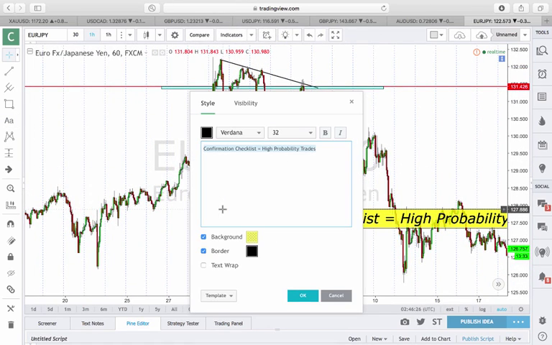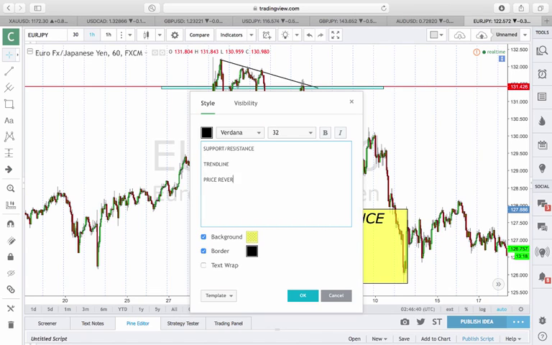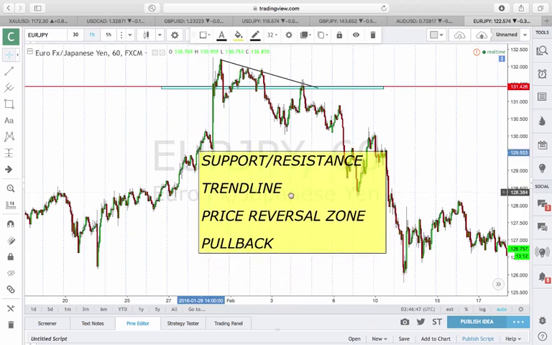So, first one, is there support or resistance? Okay, support or resistance, trend line, price reversal zone, and then pullback. Okay, so let's check this out.